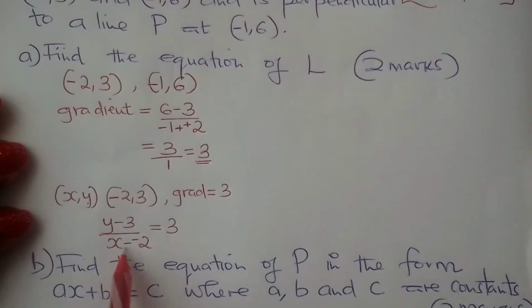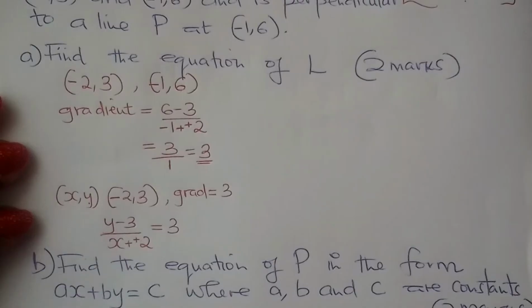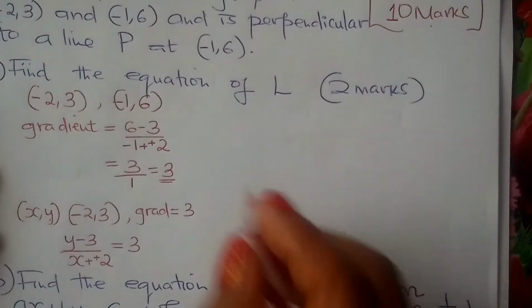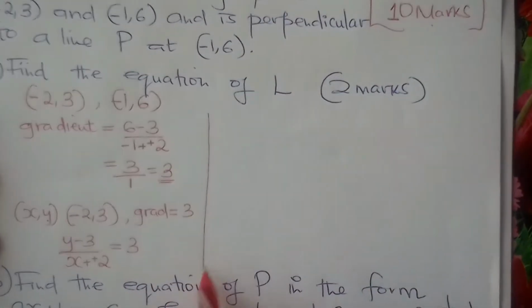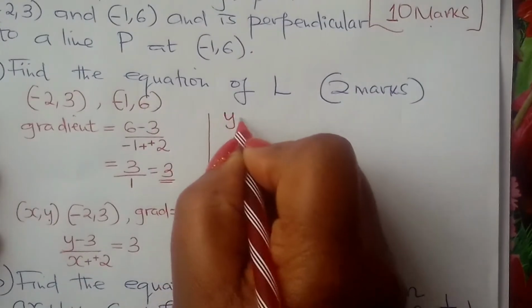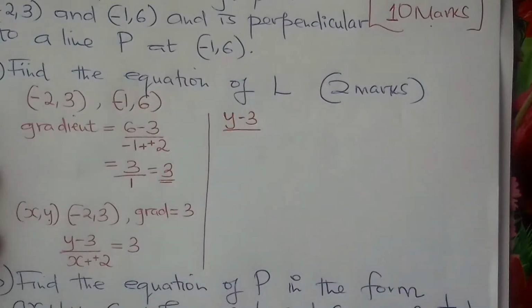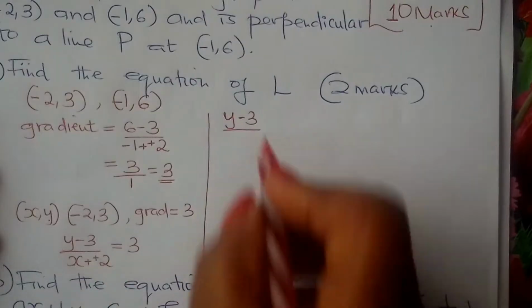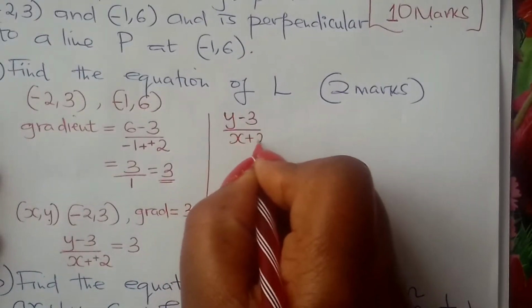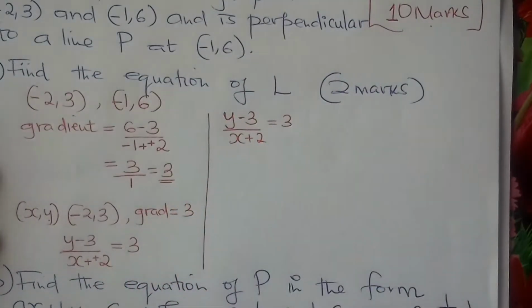Minus followed by minus gives you plus. So we are saying y minus 3 divided by x plus 2 is equal to 3. Cross multiply, learner.